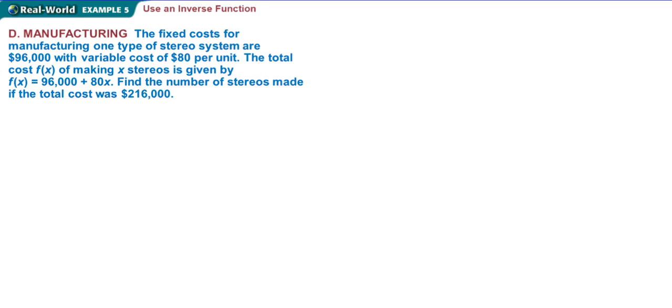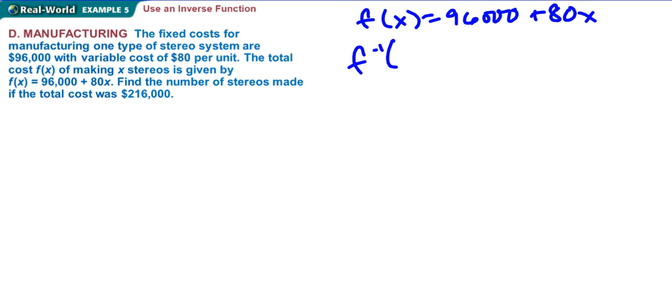You ready? Let me rewrite up here f of x and f inverse of x. f of x is 96,000 plus 80x, and f inverse of x is x minus 96,000 divided by 80.